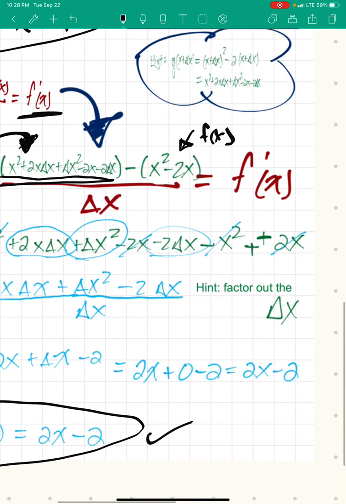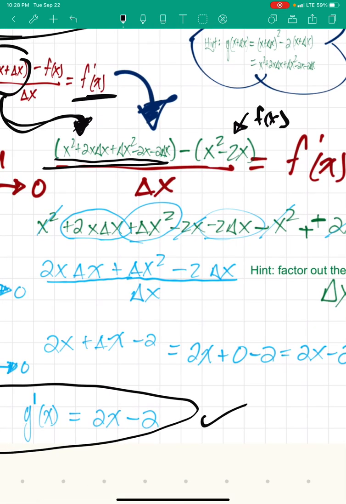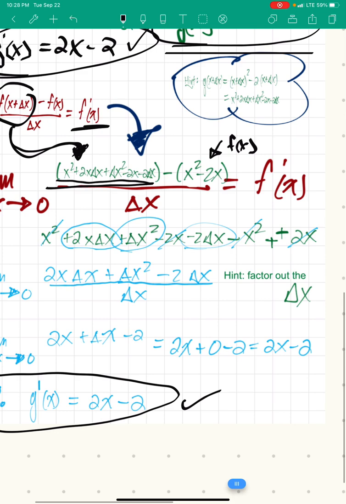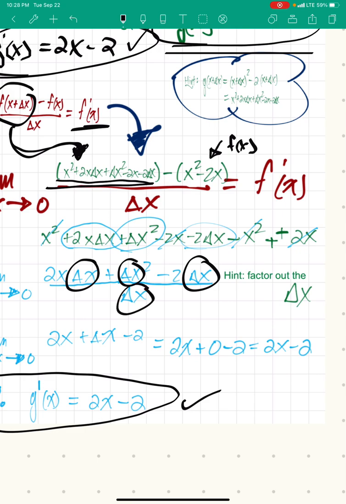The rest is just algebra. So if you look here, you can check my algebra. I did some work. The x squareds cancel out. The 2x delta x minus 2x delta x cancels out. All right, and we're left with what you see here in blue: 2x delta x plus delta x squared minus 2 delta x. So since there's a delta x in each of these, as we know in algebra, we can factor that out.